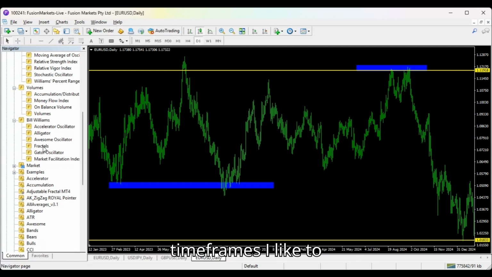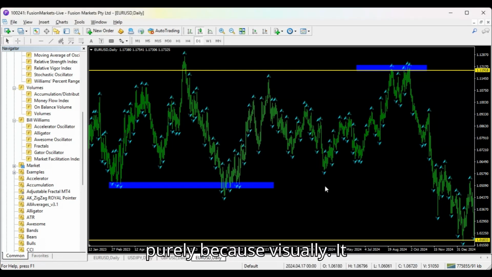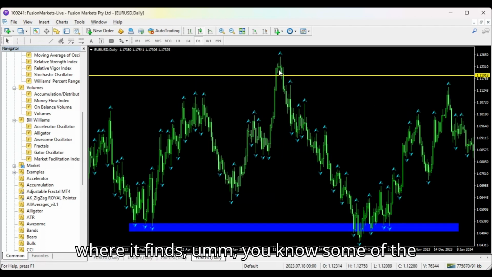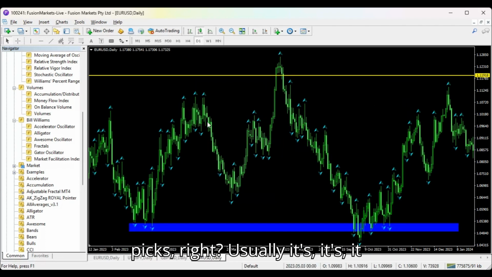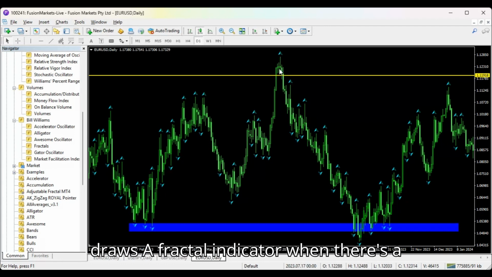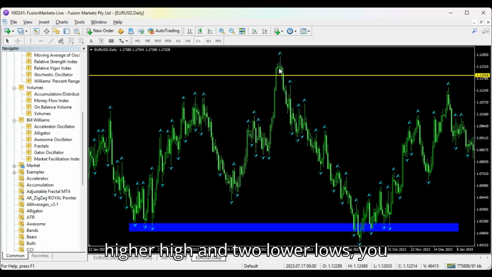I like to use the Bill Williams fractals indicator purely because visually it puts together areas. It draws an arrow usually where it finds some of the peaks, right? Usually it draws a fractal indicator when there's a high with two lower highs just beside it.